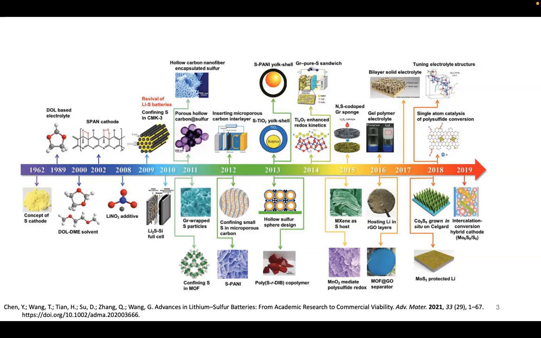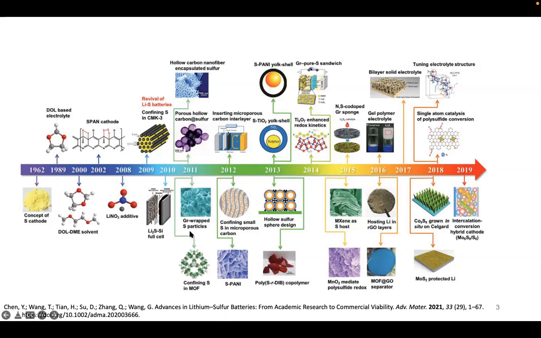And then the evolution over the years, you're going to see a theme where for basically a decade, there was just composite engineering. And you see here, how do you suppress the shuttling of these polysulfides, the lithium polysulfides that decrease your active material and also decrease the cyclability, because now you're transporting these side products over to the anode.